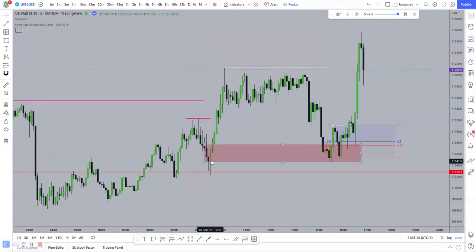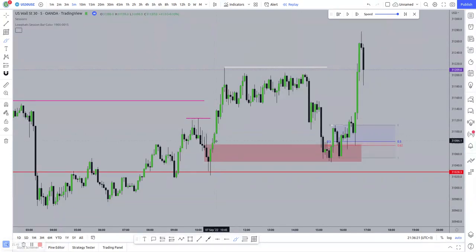In here, you can call this an FVG, yes, but for me, it's not, because if one of these candles were bearish, this would be an FVG for me.